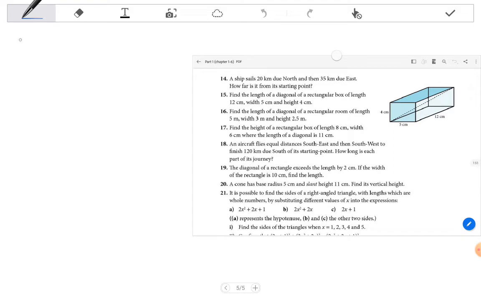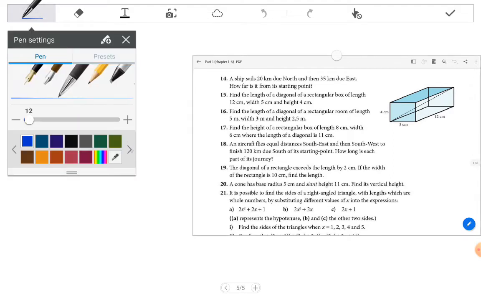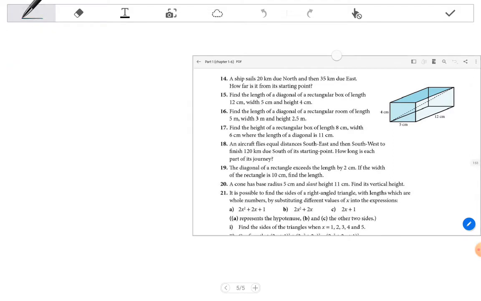Now question number 17. Find the height of a rectangular box of length 8, width 6. It's a similar kind of question, but only the given thing is unknown and the known is unknown, unknown is known. So I don't think I should waste my time on this question.